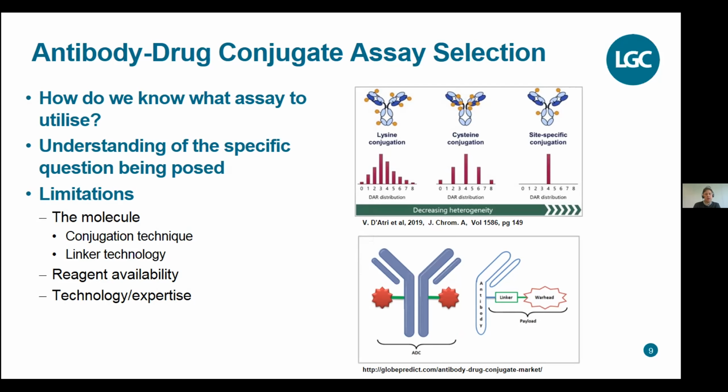And again, that can really drive the selection of assay. And then we have the more common limitations in terms of reagent availability. And, you know, just thinking about raising antibodies against small molecule payloads, that can be a challenge in itself. And then lastly, you need to consider the laboratory technology that they have at their disposal and their expertise as well.